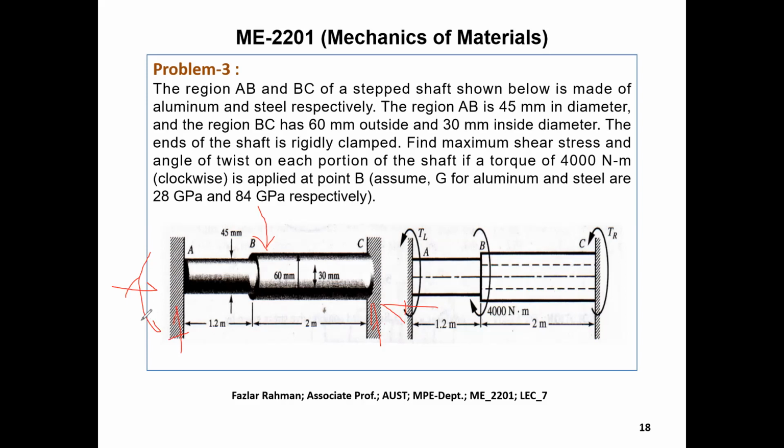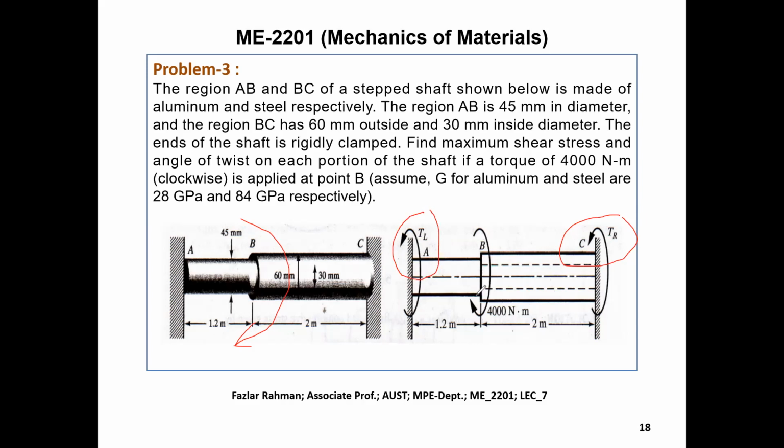Similarly, since there is a torque at this point, this torque will react through point A and will react through point C. At point C we say this is TR, or you can say T1, and the torque reacting through point A is TL.